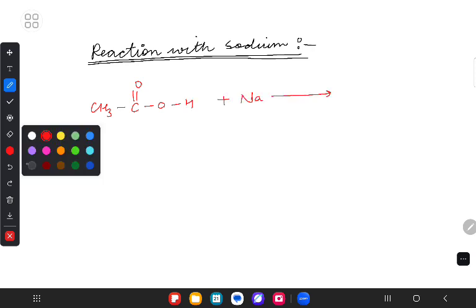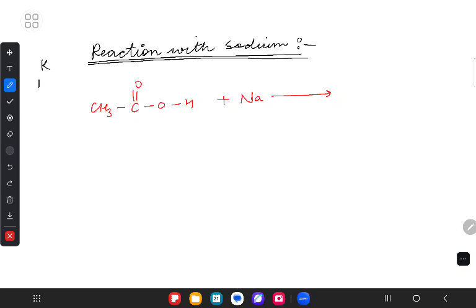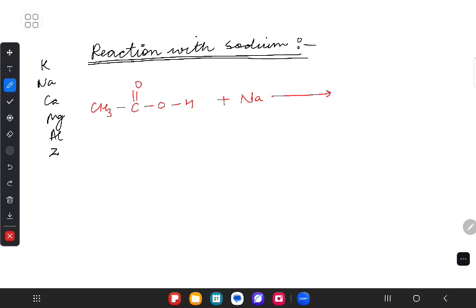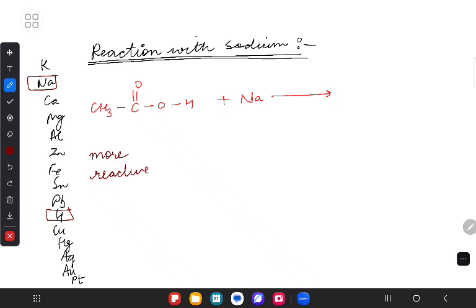So understand, if I have the reactivity series: potassium, sodium, calcium, magnesium, aluminium, zinc, iron, and so on, down to Cu, Hg, Ag, Au, Pt. That means gold and platinum. So you look at the value that H lies here and Na lies here. So Na is definitely a more reactive metal than H plus.